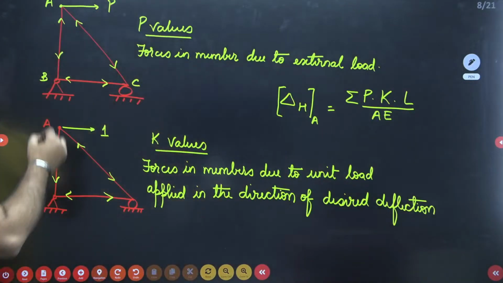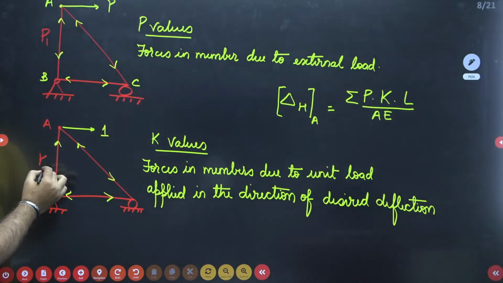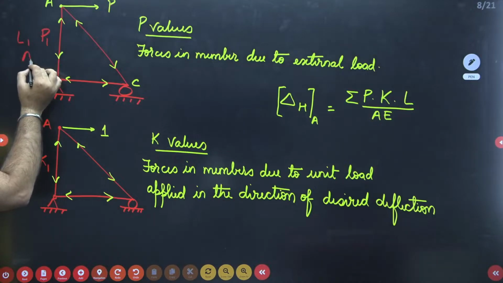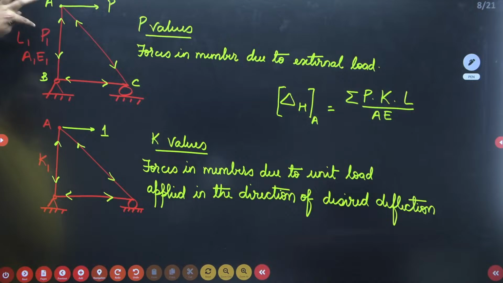For example, say the P value here is P1 and K value here is K1, length of the member is L1 and axial rigidity is A1 E1, okay. Like that, I will take the summation of P1 K1 L1 divided by A1 E1 and I will take that for all the members.